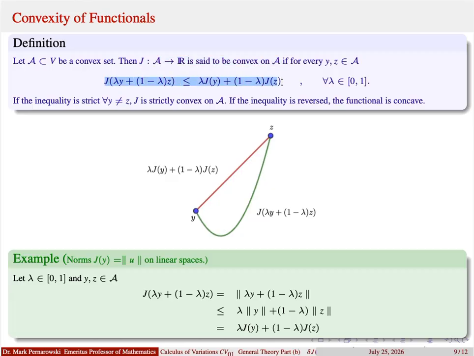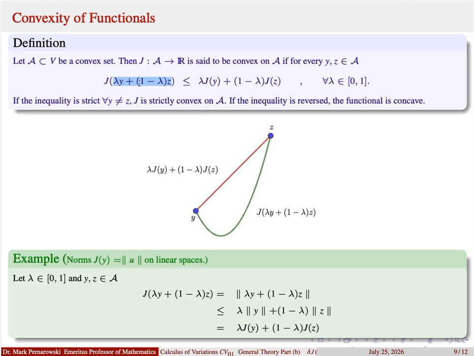It's a little hard to understand what this is the first time you see it. The left side says J evaluated on a line segment. The line segment is parameterized by lambda, lambda going from 0 to 1. At lambda equals 0, this is equal to z. At lambda equals 1, this is equal to y.